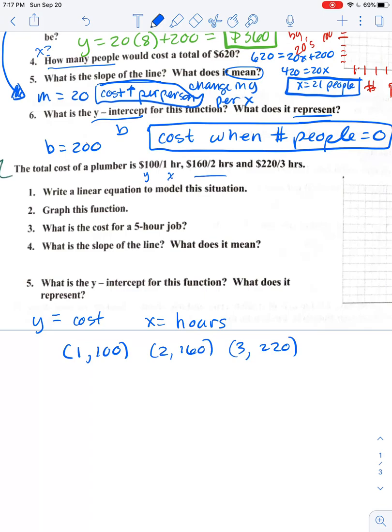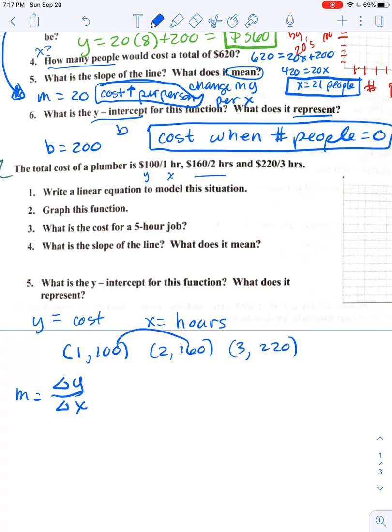And so we're trying to sort out what is the rate per hour. And so we're going to have to think back and say, how is the change in y over the change in x? What is that representing for slope? And you could use any of these points. I could use either of these first 2 points.